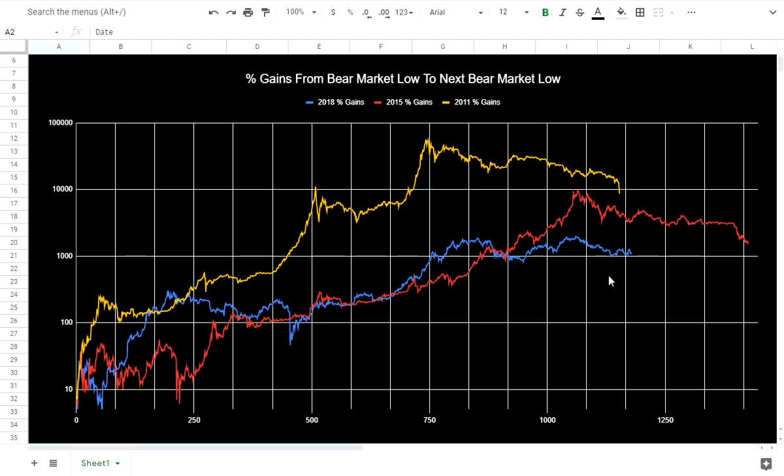If we are sticking to the 4-year cycle hypothesis, and 4 years is 1,460 days, this second cycle took 1,430, so pretty much 4 years. If we were to take a similar amount of time, that would mean the bear market low will be in around 250 days, which would be sometime towards the end of November of this year.